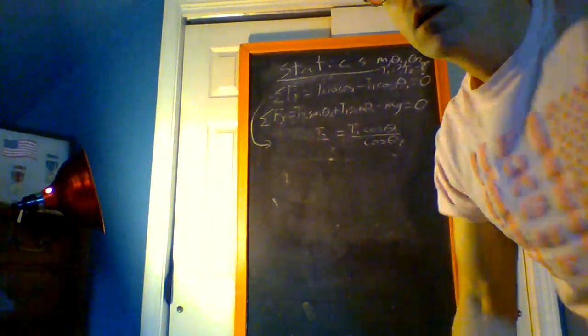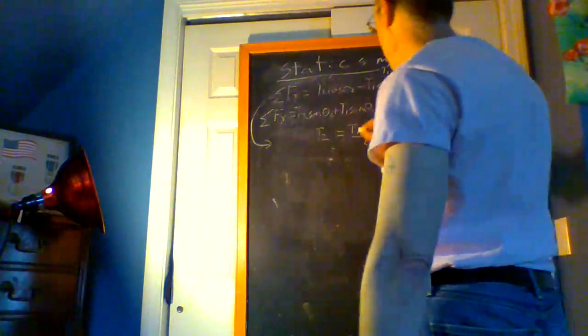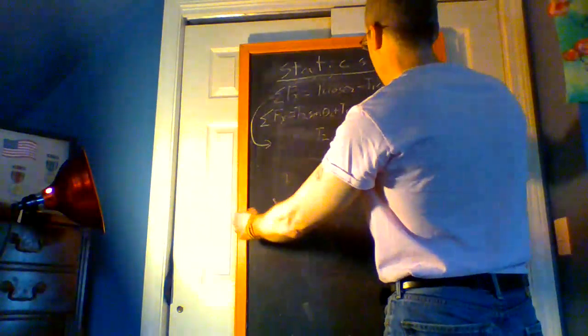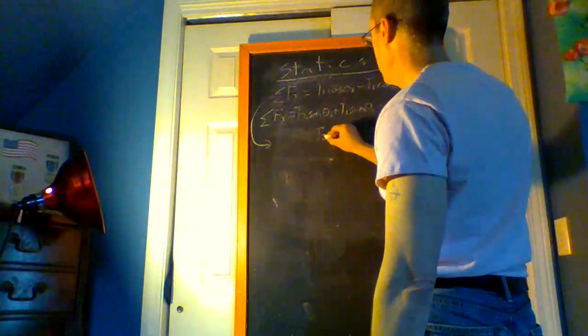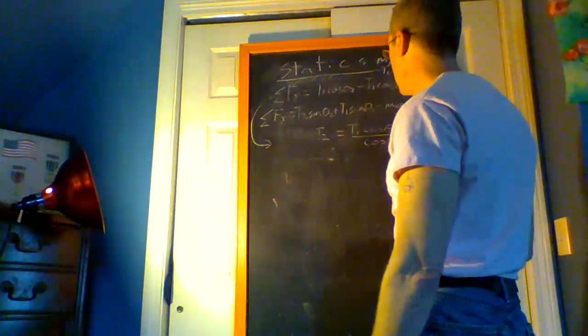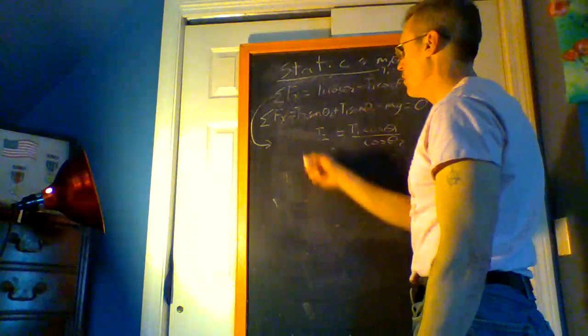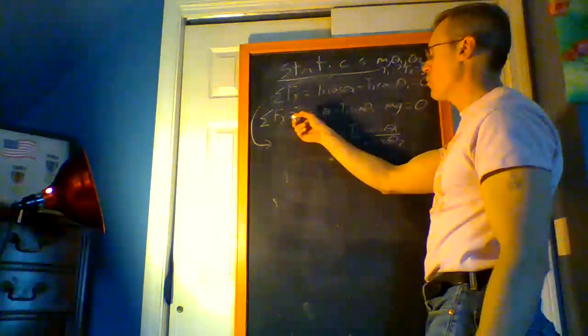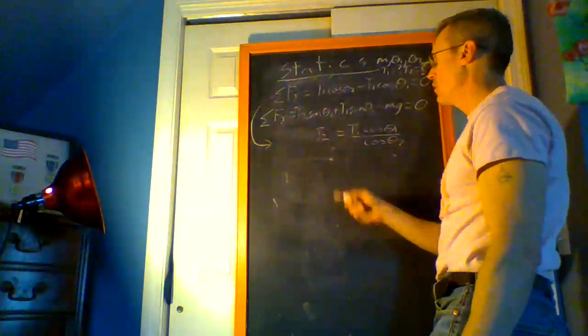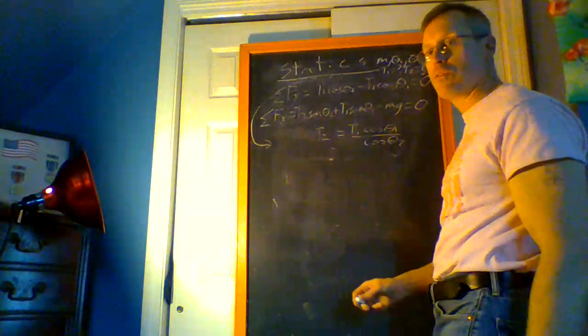Alrighty then. Now I'm going to take this for T2 and put it into the y direction equation. So instead of T2, I'm going to write this whole thing there.